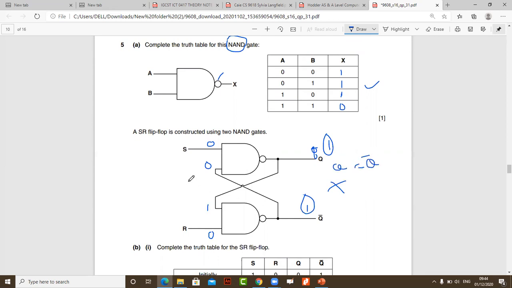This is where JK flip flops come in, and what you do is add one more gate. Let me explain.